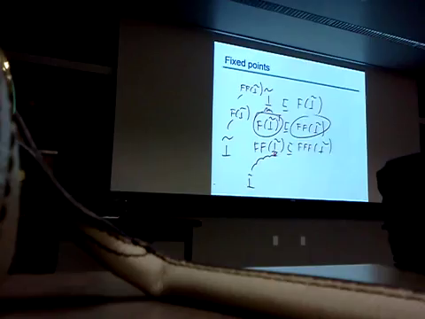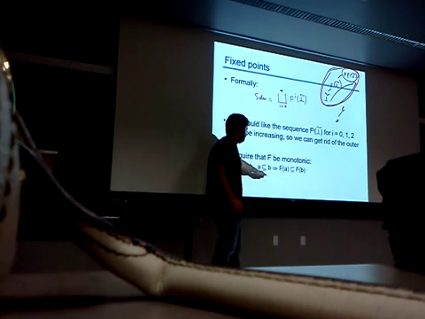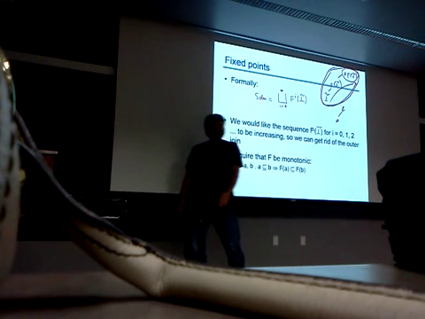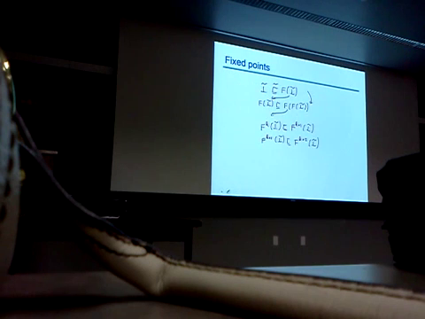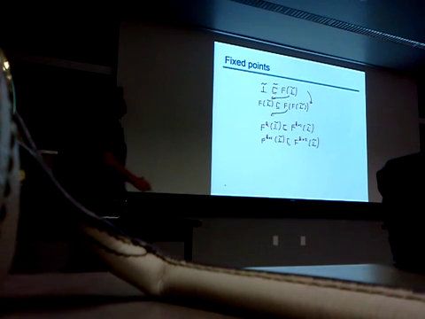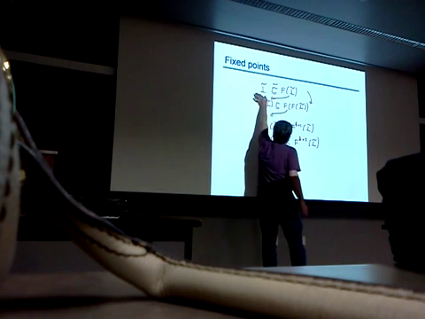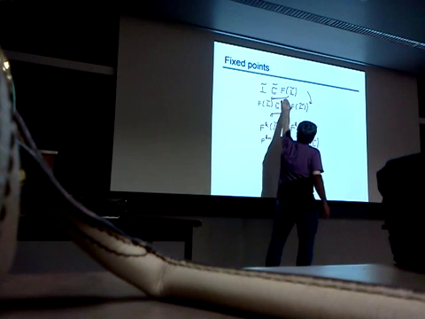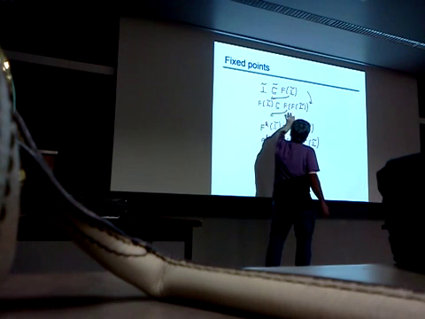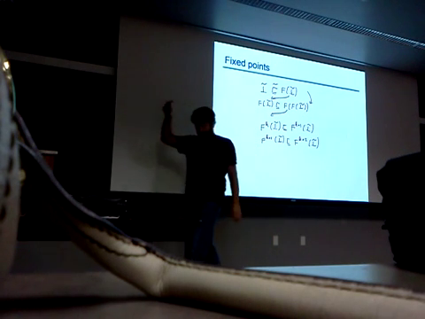Monotonicity is this: if A is less than B, then F of A is less than F of B. If you have this, then you know that bottom is less than F of bottom, and if you apply F on both sides, F of bottom is less than F of F of bottom. You can keep on doing this, and you get this increasing chain.